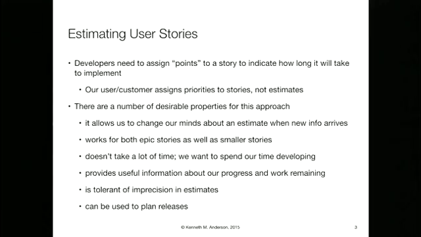Developers in these life cycles need to assign some sort of estimate to the story that they're creating. As a reminder, user stories are a way of creating and documenting requirements in an agile life cycle.